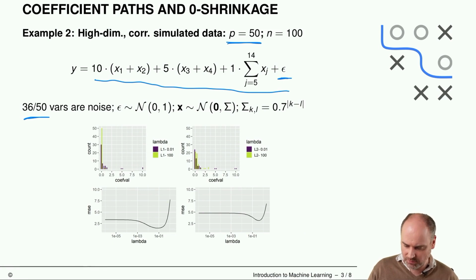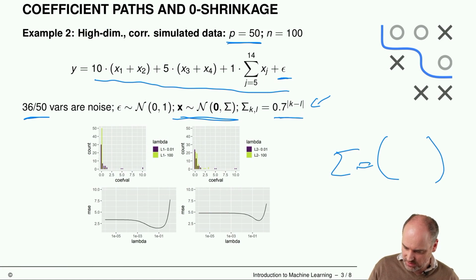Putting some noise on top of things as usual, but now our features are actually drawn from a normal distribution with correlation structure. You can see how things are correlated, well, the covariance value to be precise, and this is what is sometimes called a Toeplitz structure, because if you look at the matrix here, it is constant on these major and minor diagonals.